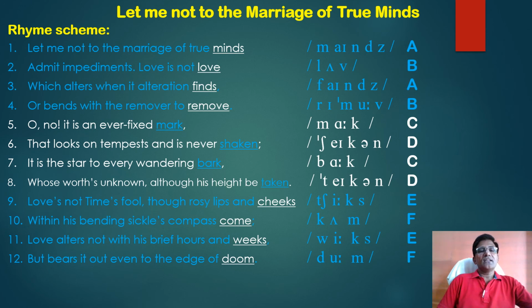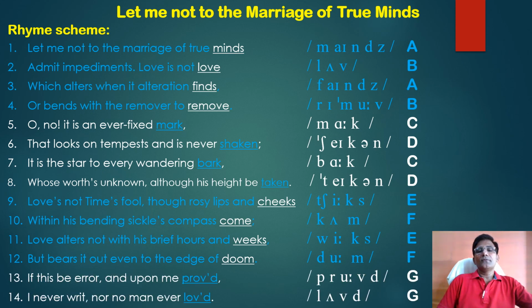And the third quatrain: cheeks, come, weeks, doom. I have written the pronunciation of these words in slanting lines. Some of you may not understand it, but it is for those who do. So cheeks, weeks, come, doom: EF, EF, and the final couplet, proved, loved, GG.